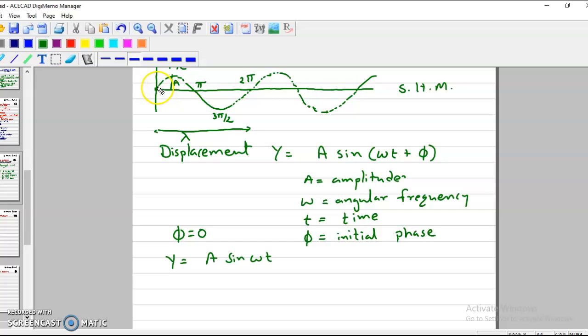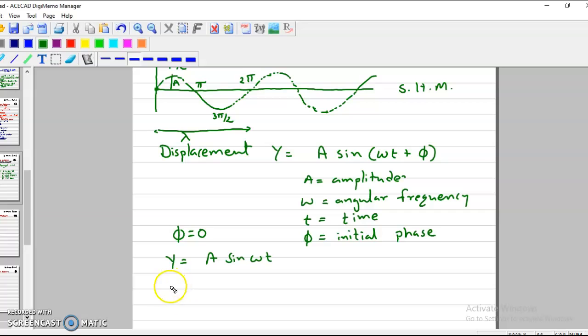But when the particle reaches this level at this amplitude, then the phase difference is about pi by 2. When the particle reaches this level, the phase difference is pi. When it reaches this point, the phase difference will be 3 pi by 2. And when the particle reaches here, the distance is lambda and the phase difference will be 2 pi.